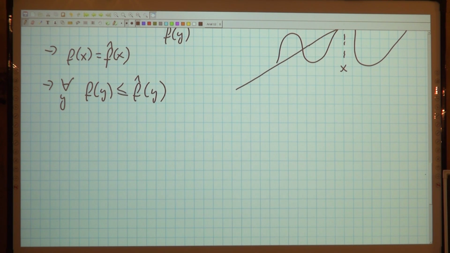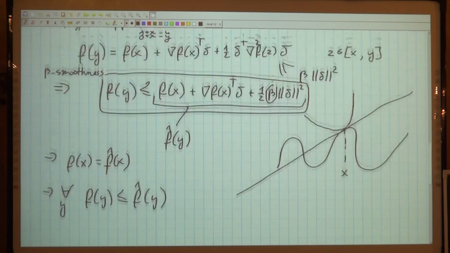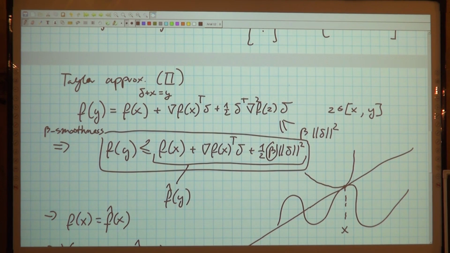You run into trouble because here I use the fact that z also will be beta smooth, but z is a function of y. So if y is going farther, then z is also going farther. So I need the same beta to be true for a larger neighborhood. In the end, we still use it somewhat locally, so that will be fine, but things become unpleasant when you analyze them.